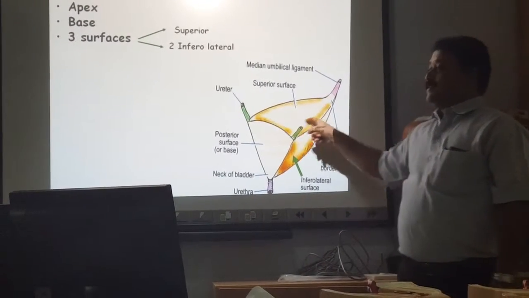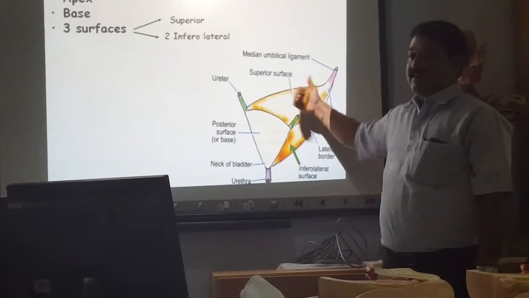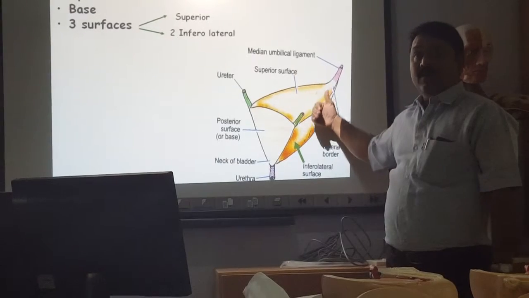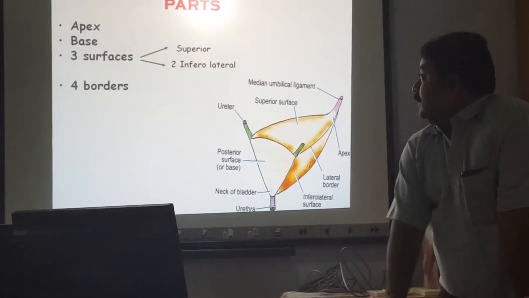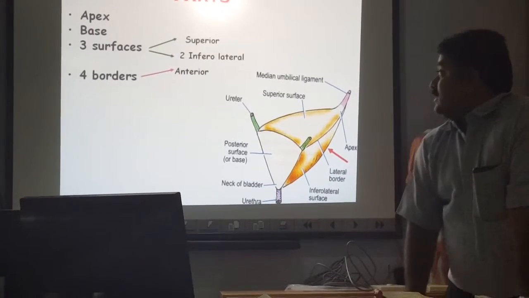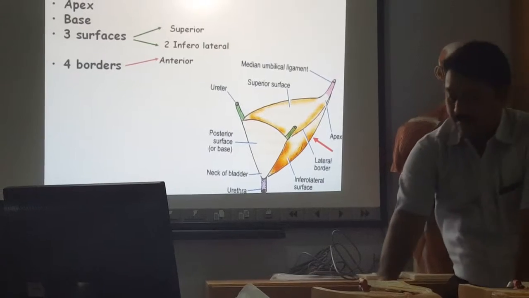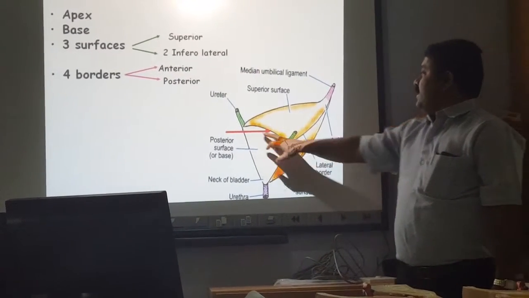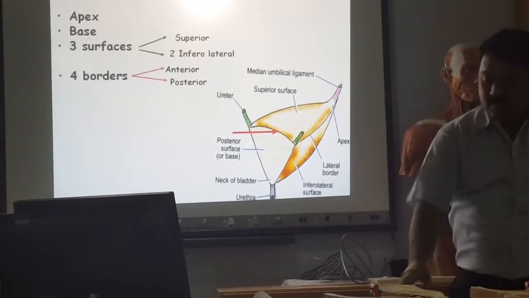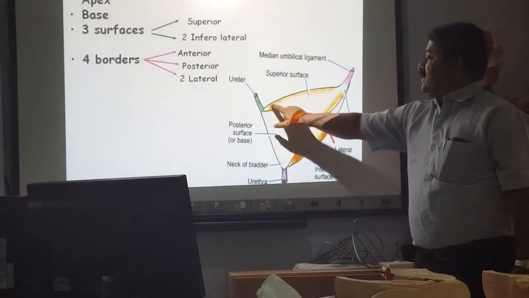Superior surface, and inferolateral on either side. Two inferolateral surfaces. Next, it has four borders: anterior border, posterior border, and two lateral borders on either side.